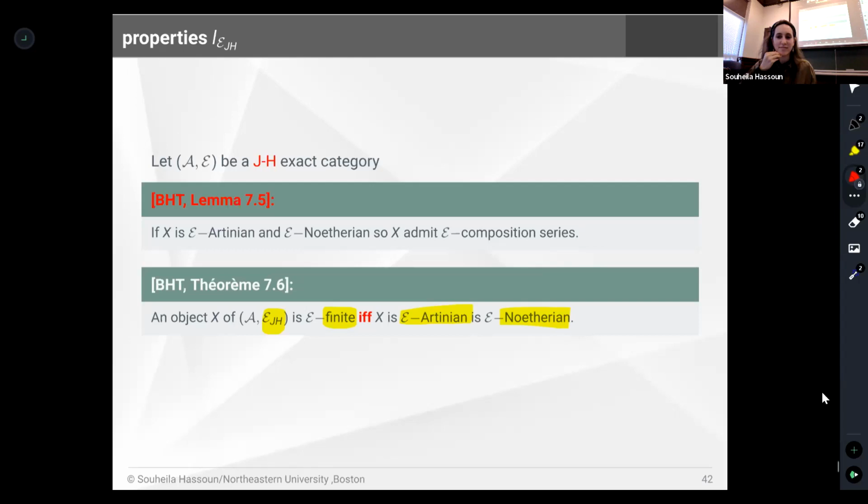So if you start with a category of modules, but you take one of these exotic exact structures, do they always have enough projectives?